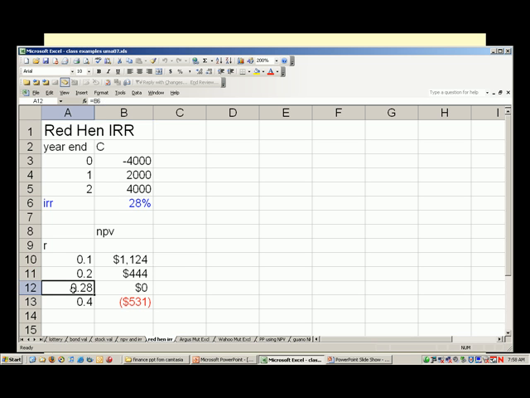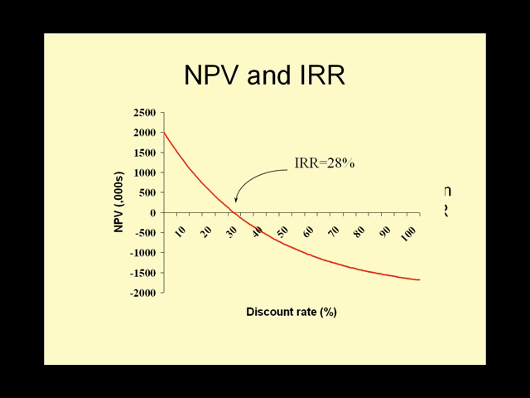If we set the discount rate equal to the internal rate of return, we get a net present value of 0. And finally, if we have a discount rate that's 40% or in excess of the internal rate of return on the project, we get a negative net present value.